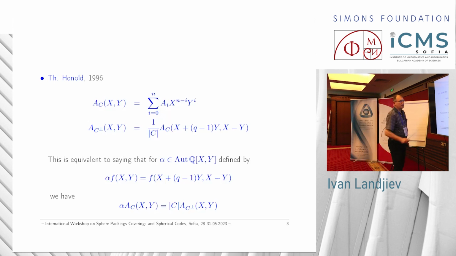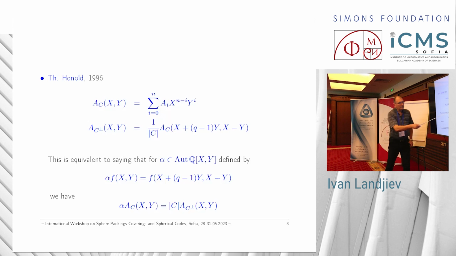If this is the weight enumerator of the code, and this is the weight enumerator of the orthogonal code, consider this automorphism of the ring of polynomials in two variables with rational coefficients, which to the polynomial f associates the polynomial where the first variable is replaced by x plus (q minus 1)y, and the second variable by x minus y.